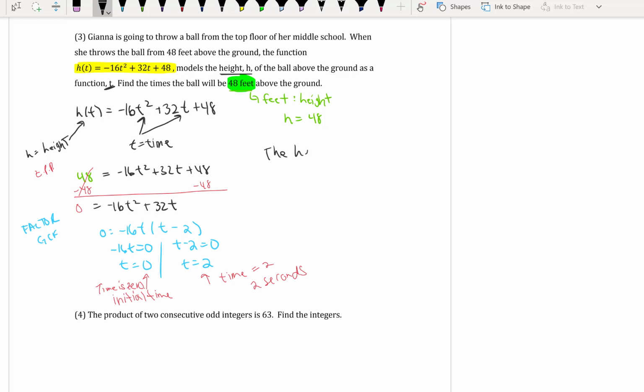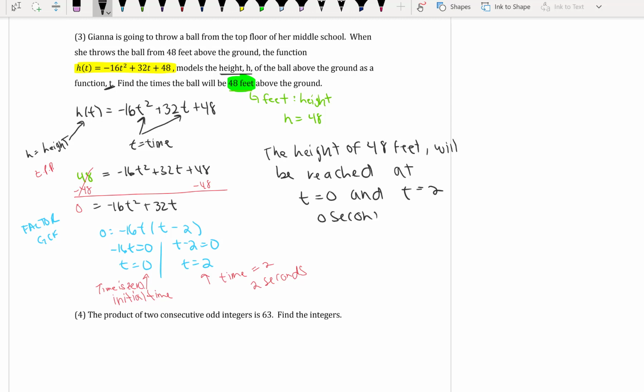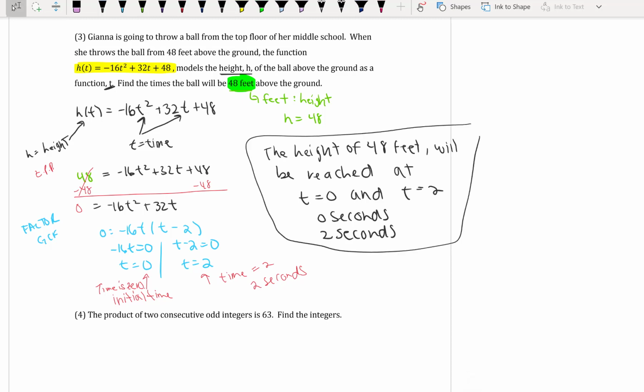So the height of 48 feet will be reached at t is equal to 0 and t is equal to 2, which is 0 seconds and 2 seconds. And this also could have been said the initial value.